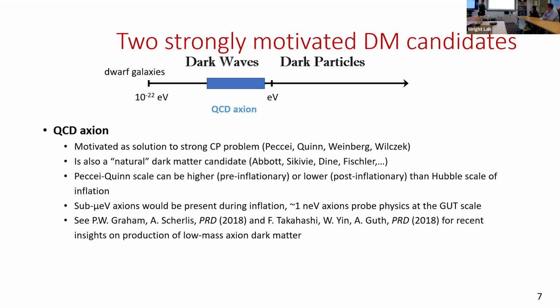This is known as the pre-inflationary or the post-inflationary scenario. The higher the energy scale at which it's broken, the lighter the axion. So sub-micro-eV axions in particular would be present during inflation. And if we go all the way down to nano-eV, now we're talking about Peccei-Quinn scales that are near the scale of grand unified theory, so 10^16 GeV.